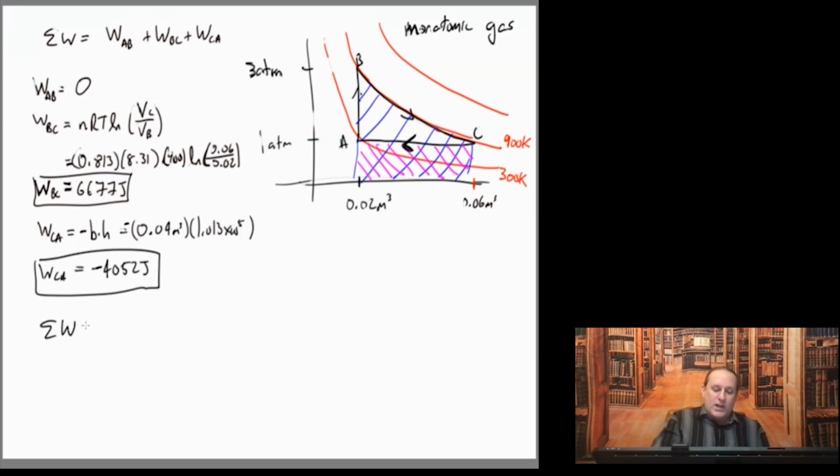And then the net work, if we add all of these numbers together, 0 plus 6,677 minus 4,052 is 2,625. So that is the net work for one complete cycle. Okay, then we have to find the heat input. So we're going to make a little table.